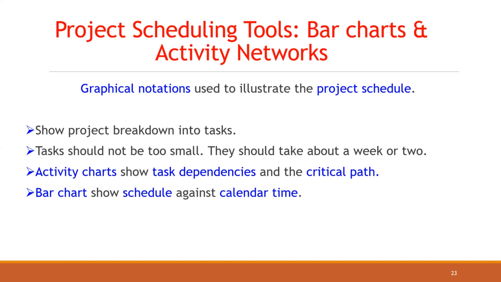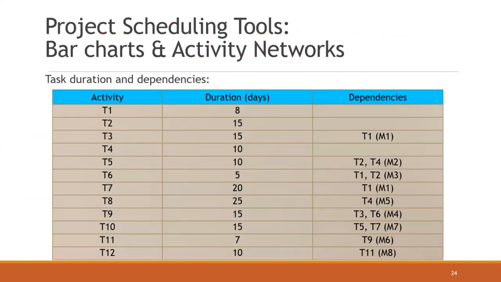The example for the project scheduling is given in the next slide. Here in the table they mention the duration of the task, that is task duration, and the task dependencies.